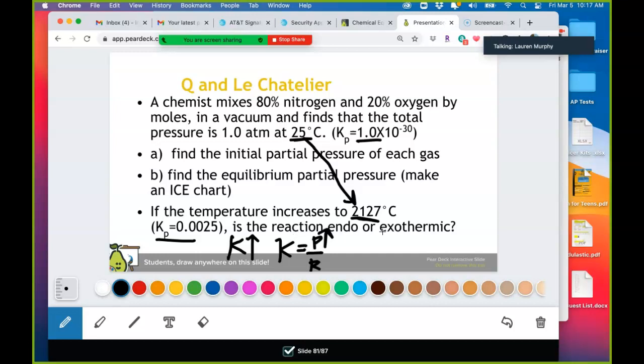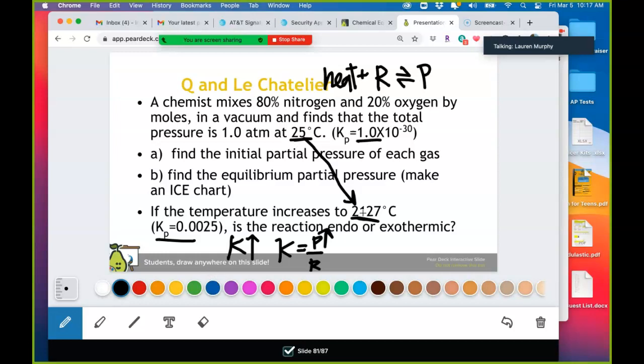So whether a reaction is endo or exothermic, we have to decide which side the heat is going to be on. If you can't just look at this, the best way is to put the heat on both sides and do what the problem is saying it's doing, and figure out which way it's shifting and which way it needs to match. So reactants going to equilibrium with products, right? I'm going to start off with heat as a reactant, meaning endothermic.